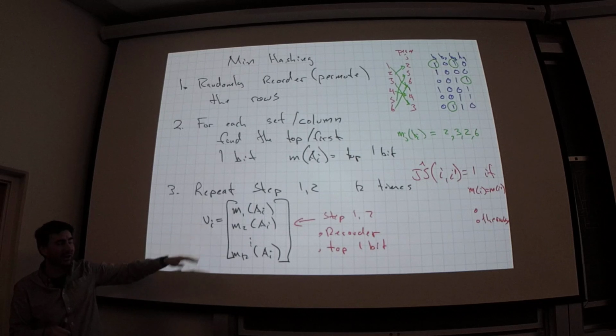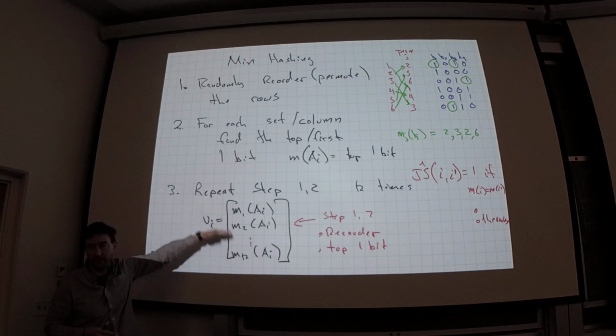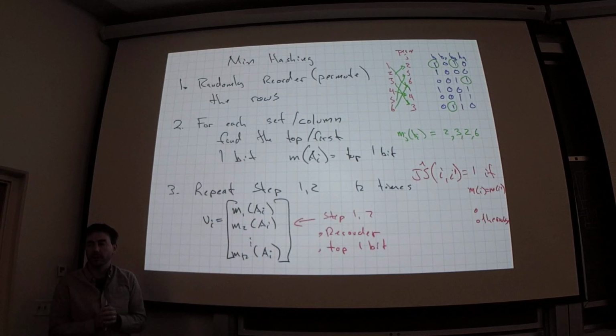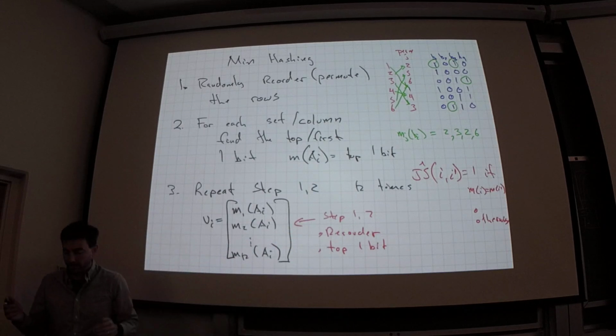I need to do k of these permutations, which might be, let's say, in your homework, I think you'll look at 160 permutations. You're going to get a 160-length vector here, which will be the representation. And as that number k gets bigger and bigger, it's going to get a better and better estimate. But if I just use k equals 1, one estimate, it's either 0 or 1, which is pretty crude.